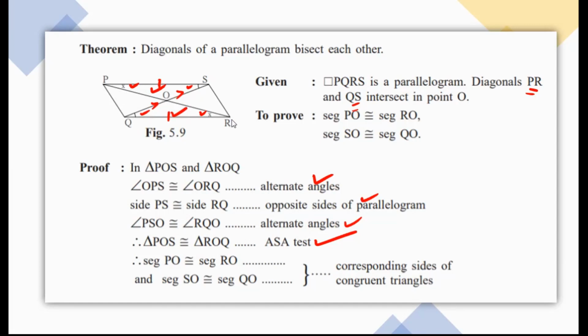PO इसके बराबर है RO and SO equal to QO, because we have proved that triangles are congruent. So they are the corresponding sides of congruent triangles. We prove that diagonals of parallelogram bisect each other. Understood? So this way that theorem is also proved.